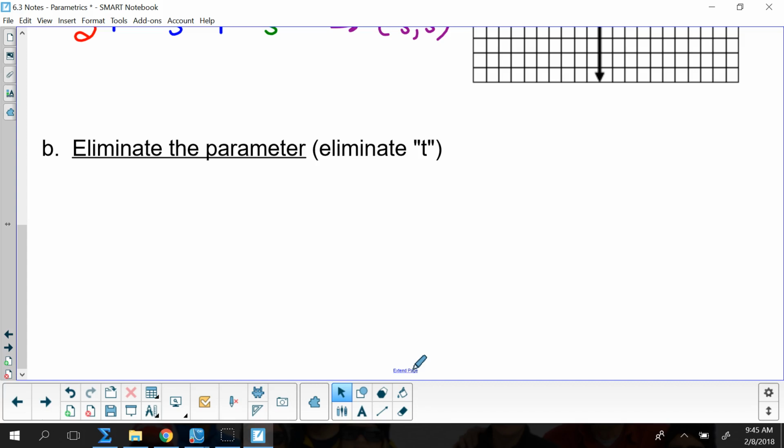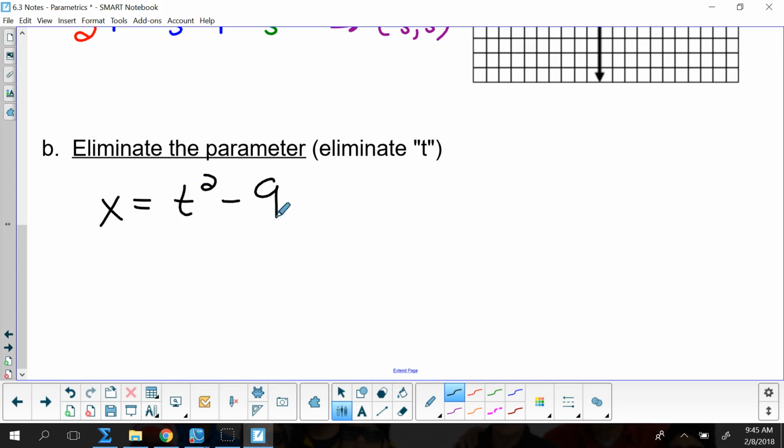Okay? Now, the way I'm going to go about doing that is I'm going to first rewrite down my functions, or x equals t squared minus 9, and y equals 2t plus 1. I want to get rid of t in both of those equations.